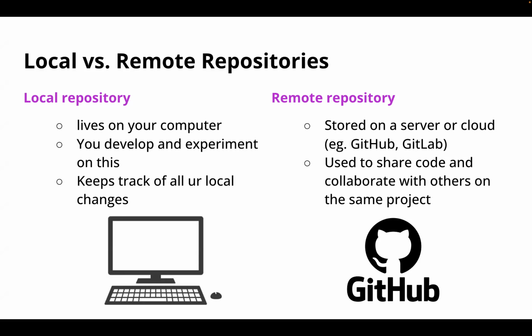It's going to be stored, like it says, on a server or a cloud. And we'll talk a bit more about GitHub in a later slide, but just a quick overview of it. It's basically used to share code so you can collaborate with other people on the same project. Yeah, so those are the two main different types of repositories, local versus remote, which will come into play later when we're talking about the workflow and working with local or remote repositories.